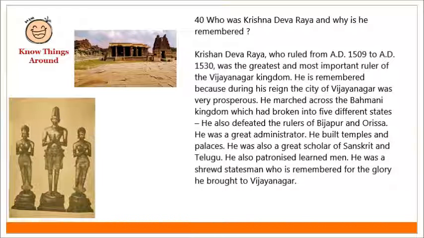He also defeated the rulers of Bijapur and Orissa. He was a great administrator. He built temples and palaces. He was also a great scholar of Sanskrit and Telugu. He also patronized learned men. He was a shrewd statesman who is remembered for the glory he brought to Vijayanagara kingdom.